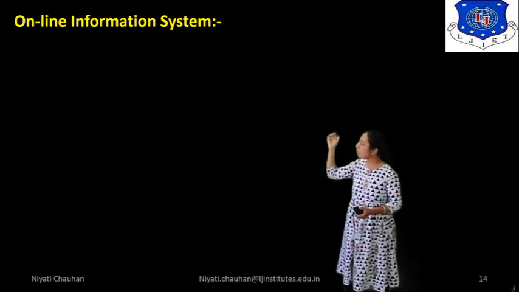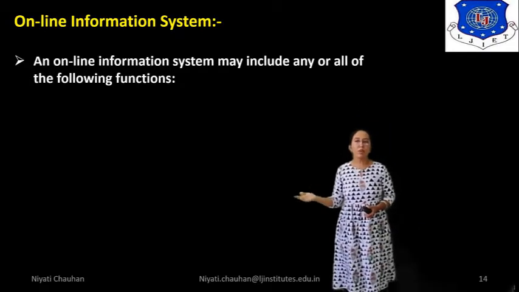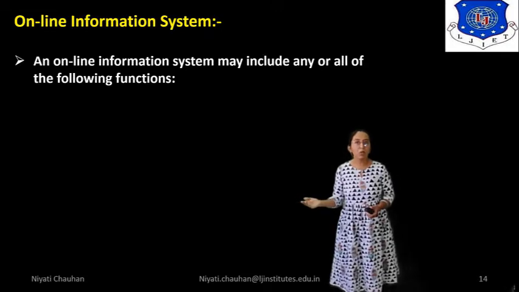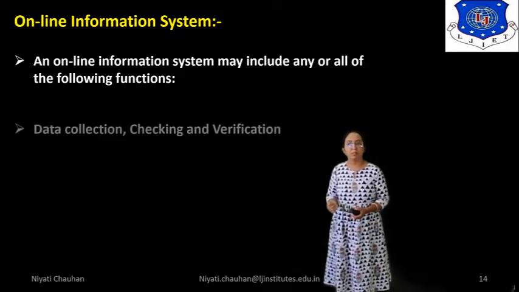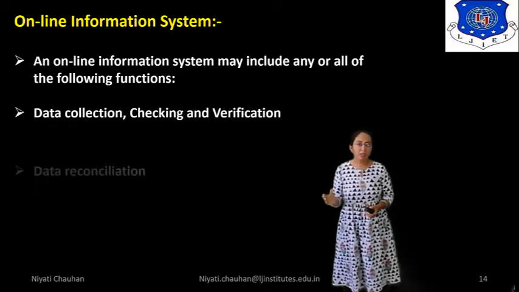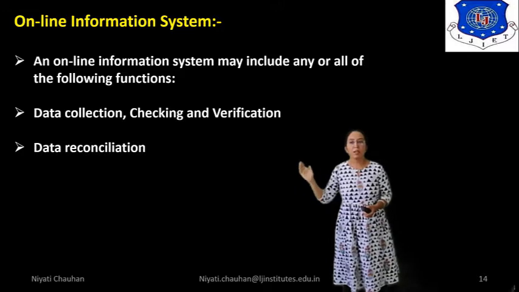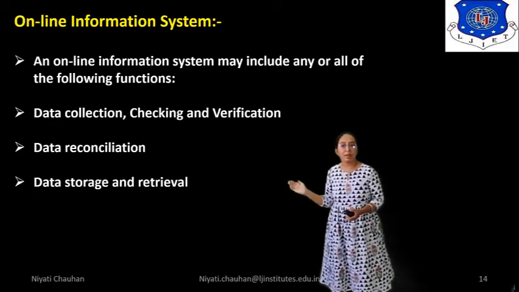Next, online information system. An online information system may include any or all of the following functions: data collection, checking and verification, data reconciliation, data storage and retrieval.